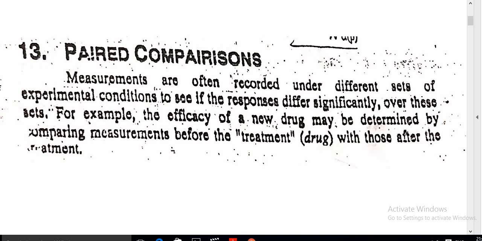The measurements are often recorded under different sets of experimental conditions to see if the response differs significantly over these sets. For example, the efficacy of a new drug may be determined by comparing measurements before the treatment with those after the treatment. You are well familiar with paired comparisons. In the univariate case we have the paired t-test; here we will apply the paired Hotelling T-square test.